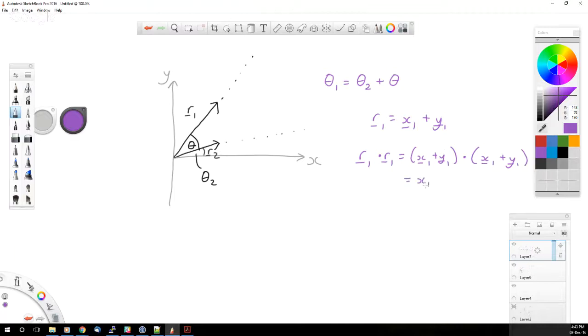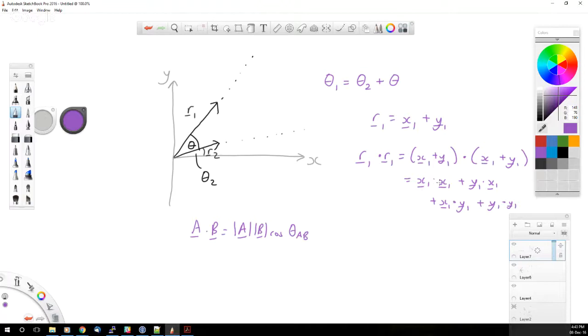So we have x1 dot x1 plus y1 dot x1 plus x1 dot y1 plus y1 dot y1. But we also know that A dotted with B gives you the magnitude of A multiplied by the magnitude of B by cos of the angle between them.